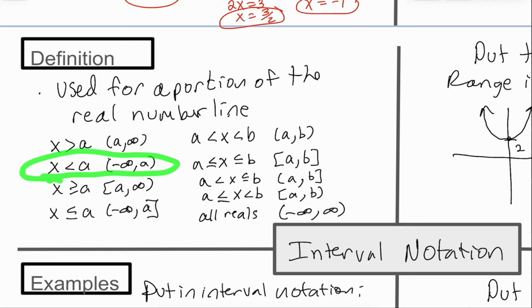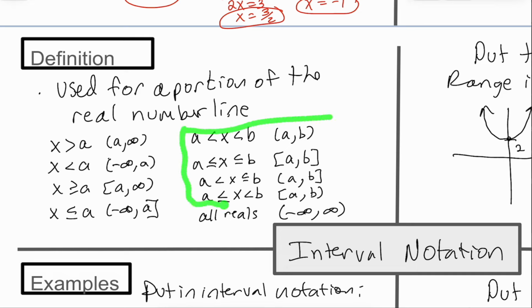So you'll notice those two are very similar, except one has a bracket, one does not. These two kind of go together. Same thing, if you have an equal to, you'll notice there's a bracket. No equal to has a parenthesis. Follow number line order, least to greatest order. Now these are called the between ones, betweenness. So if we are between A and B, but we don't include them, use parentheses.